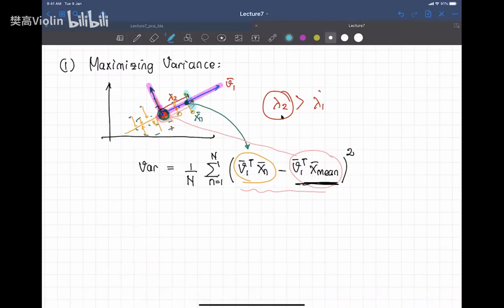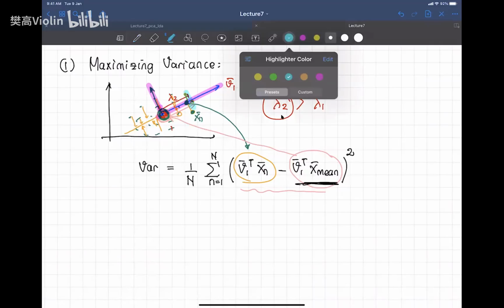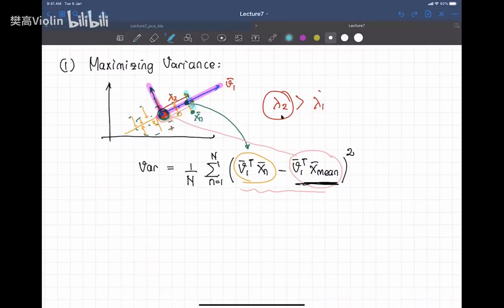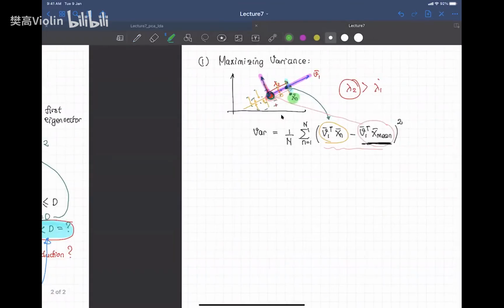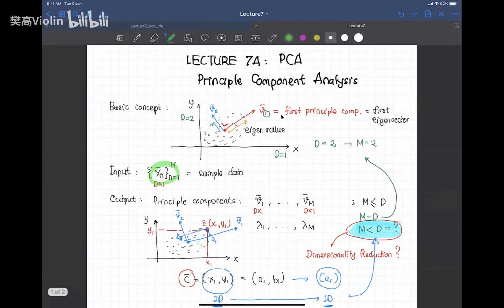No, xn is the point. This xn is the input. Here, let's put a different color. Xn is the input. We mentioned this in the beginning here, right?